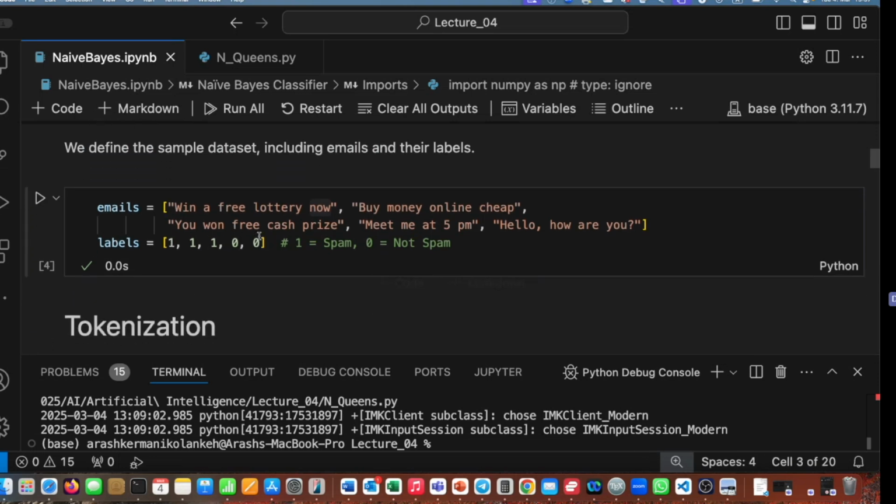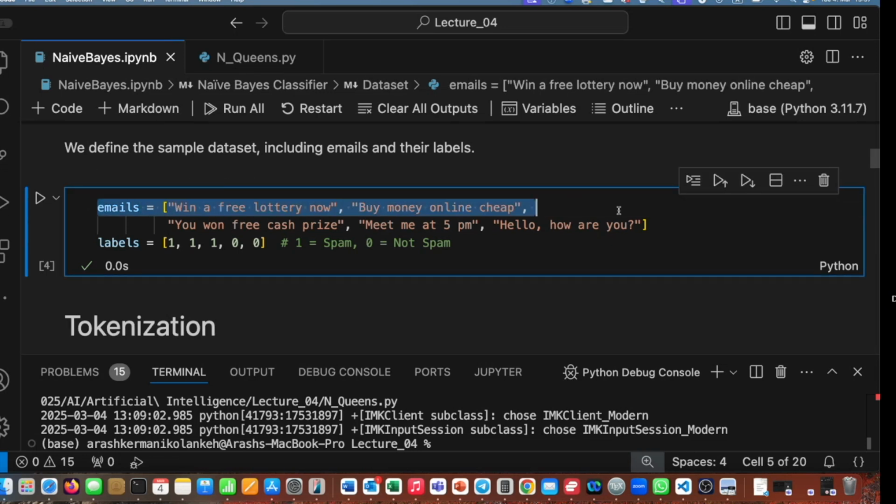So what do we want to do? We have a set of emails. Each of these is an email. We have short emails, just 5 pieces of text, and they are labeled.